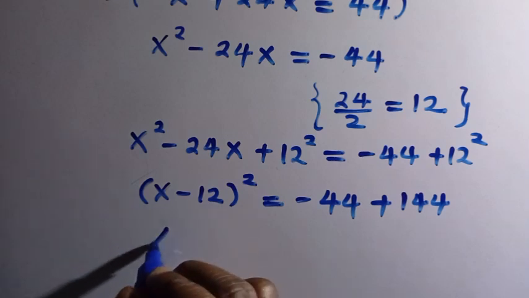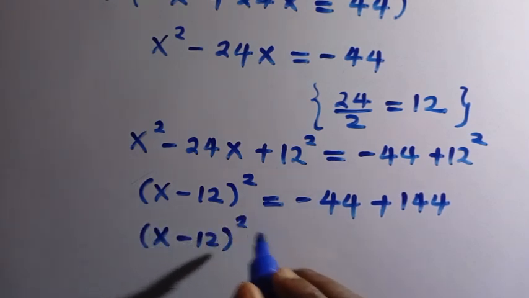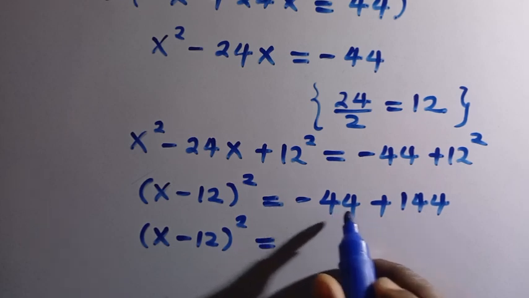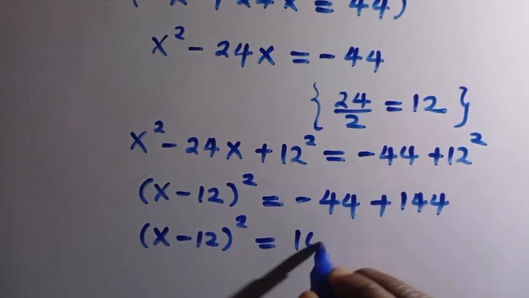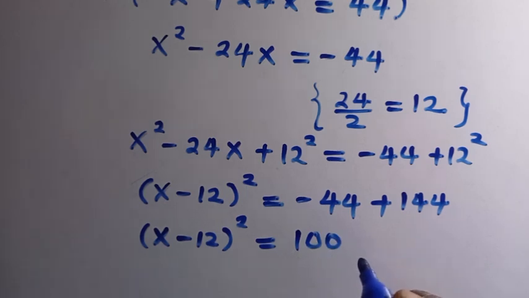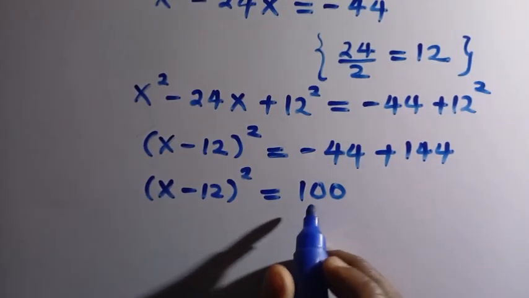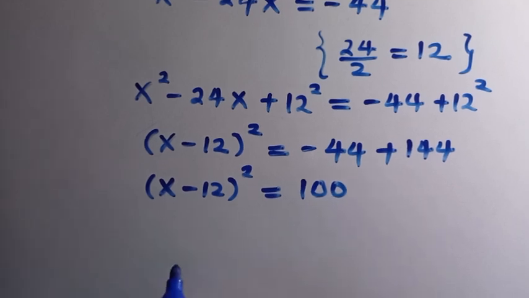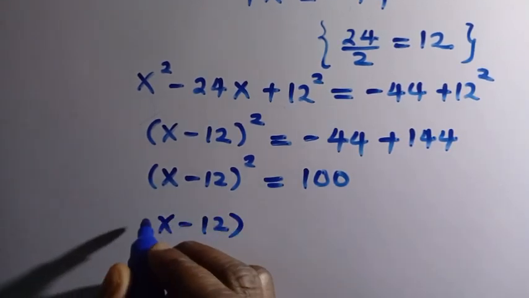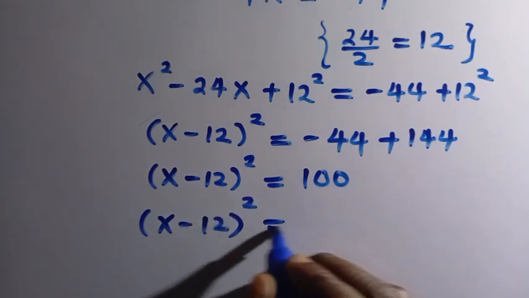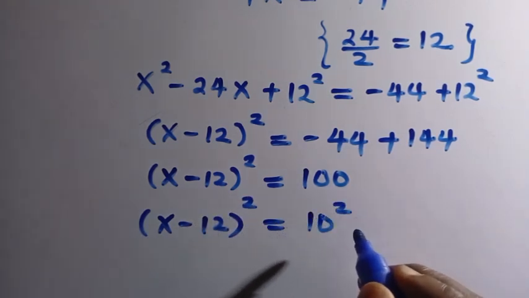And by this, we have x minus 12 squared equals minus 44 plus 144, which is 100. Then from here, let's rewrite this 100 as 10 squared. x minus 12 raised to power 2 equals 10 squared.